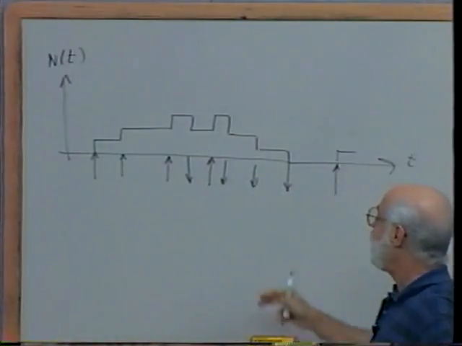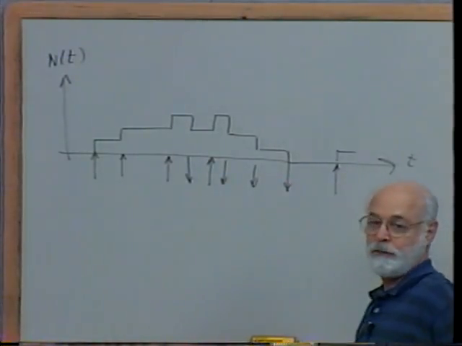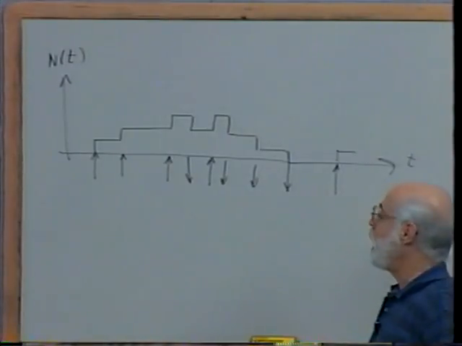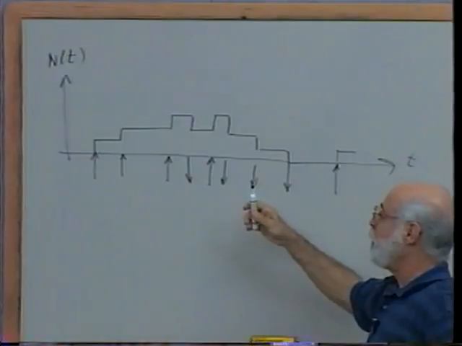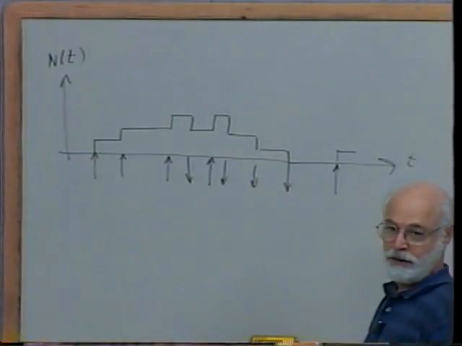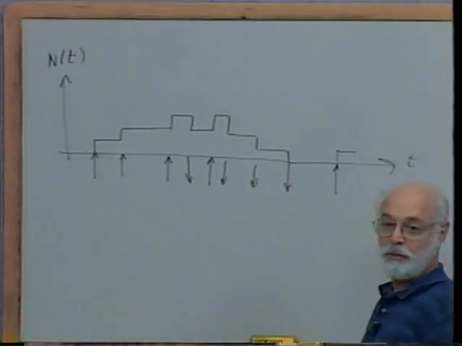Then the sample path of this process looks something like that. So the only way you can tell one queue from another by looking at the sample path is in terms of the statistical properties of it, not the shape.